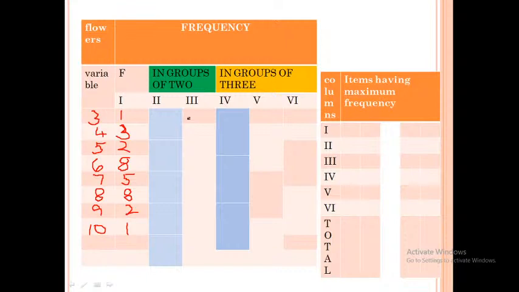For bimodal observation, grouping has to be done, and that's known as the grouping method. In the grouping method, the first column is in groups of 2 and then in groups of 3. First is groups of 2.